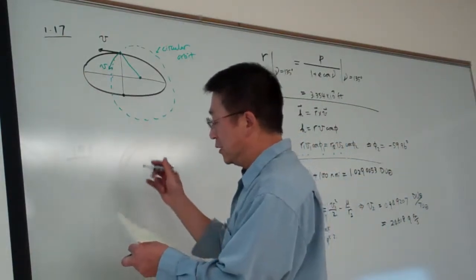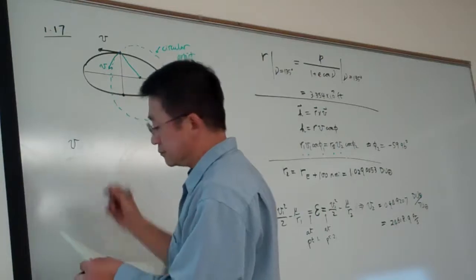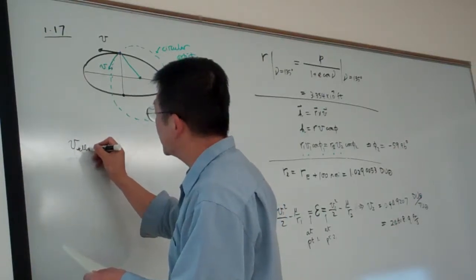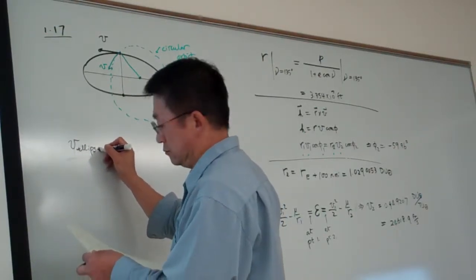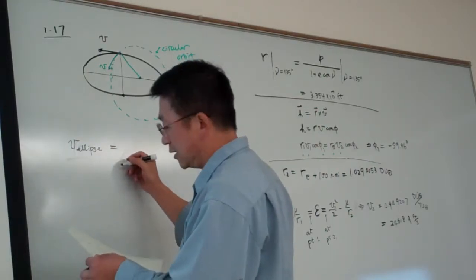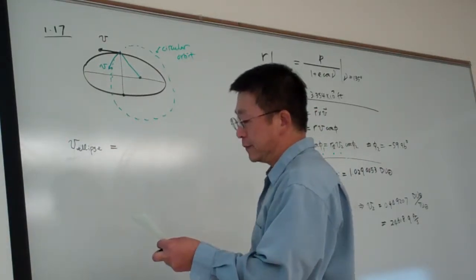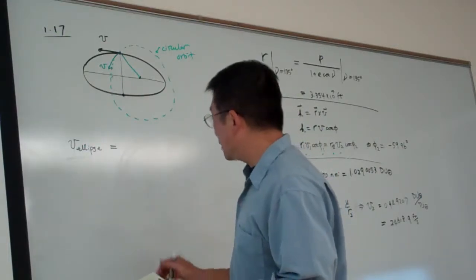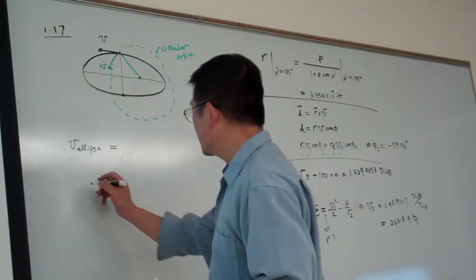So for the green one, V of the ellipse is basically equal to, again, we can utilize these equations.